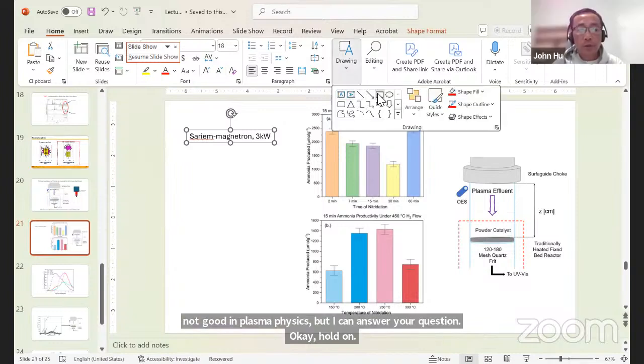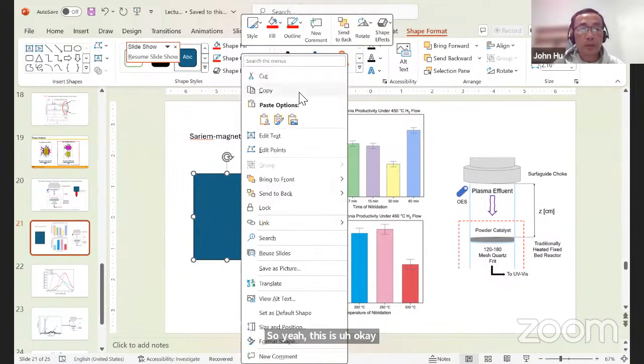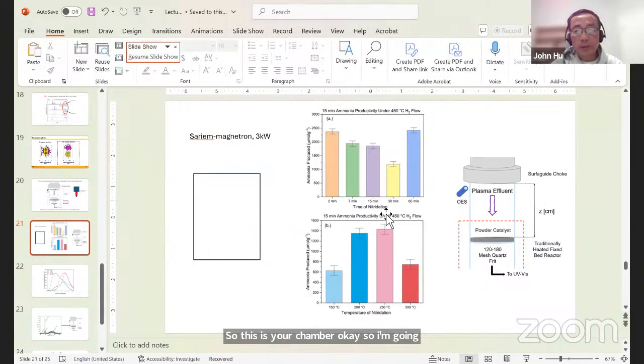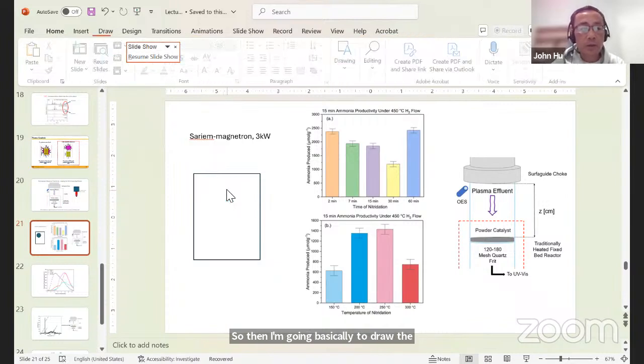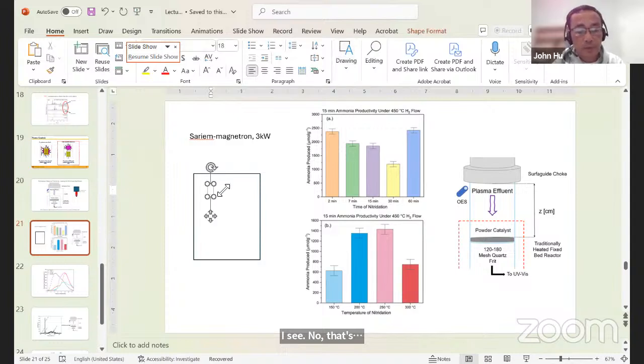So this is your reactor chamber, and I'm going to draw the molecules. N2, N2 and N2, you have a lot of these all over the place.